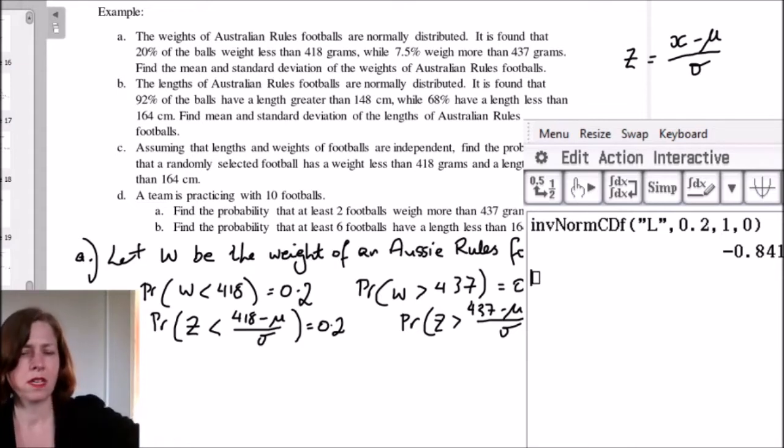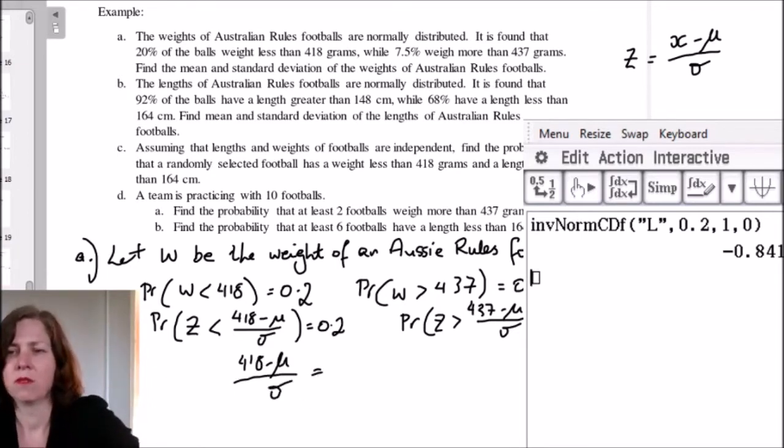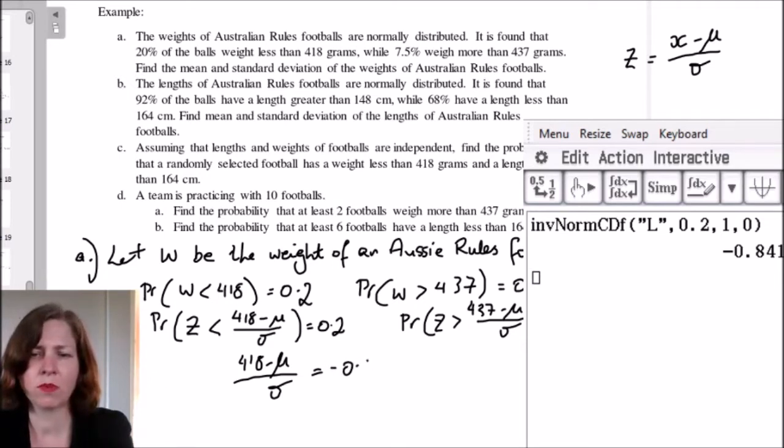0.8416. Now it's going to be a little bit trickier to do what I did previously and use my answers in CAS. I'm not going to be able to do that. So I've got 418 minus mu divided by sigma now equals negative 0.8416.